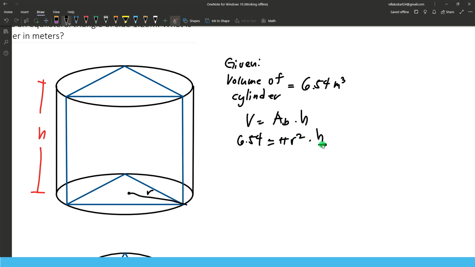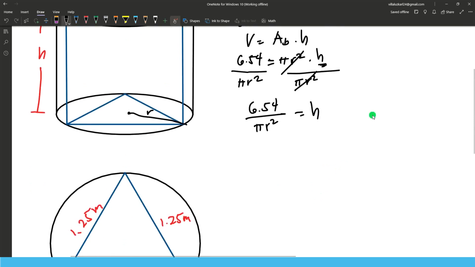H is required, so let's determine h. Divide both sides by pi r squared. So 6.54 over pi r squared equals h. What is r? We have to determine r.